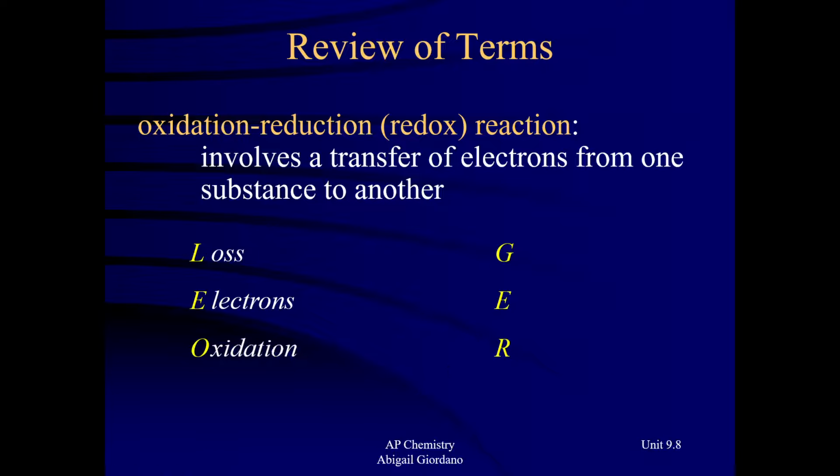When a particular substance loses electrons, which means its charge, its oxidation state, would increase, that is by definition oxidation. When a particular substance gains electrons, meaning its charge or its oxidation state decreases because electrons are negative, that is reduction. Okay, so that was just a little bit of review.